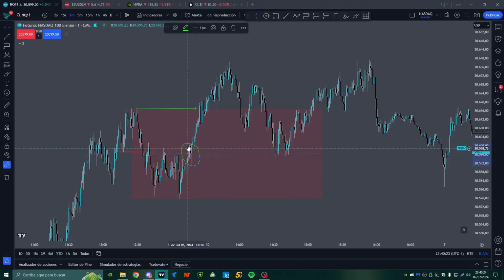What I take is where I see the most volume. And where is the most volume at first glance? Where there is an evident opposite movement and an opposite candle to this upward movement. That's what best indicates it to us. So, I always like to take it this way, where you can see opposite candles and all that.